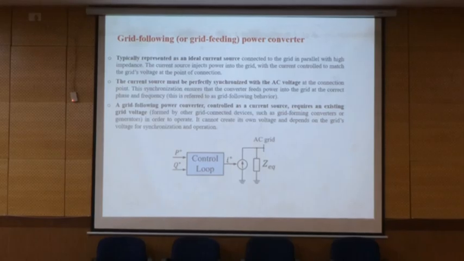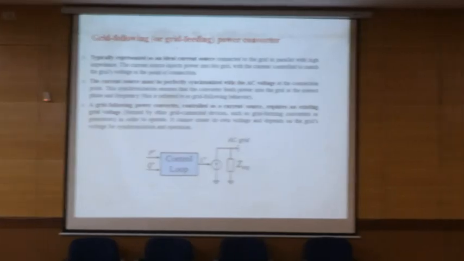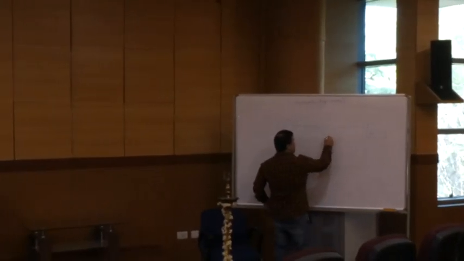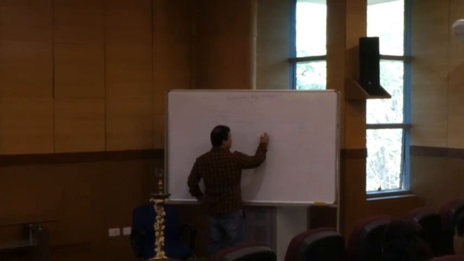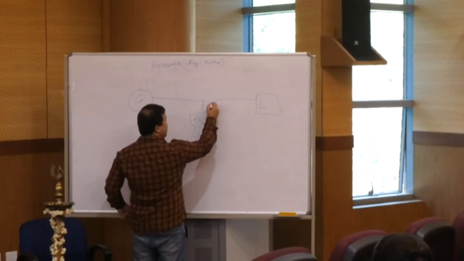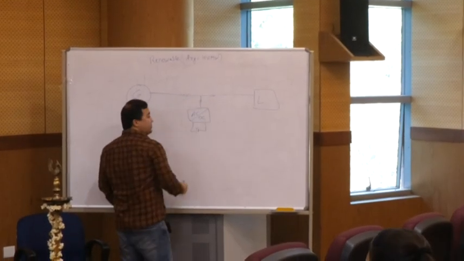So assuming you have this grid, a three-phase system, supporting a load, and you're going to connect your converter here. So this is three-phase, three-phase, three-phase, okay?